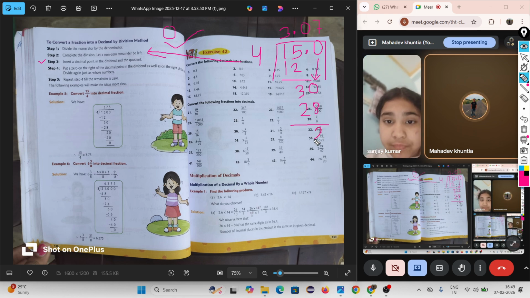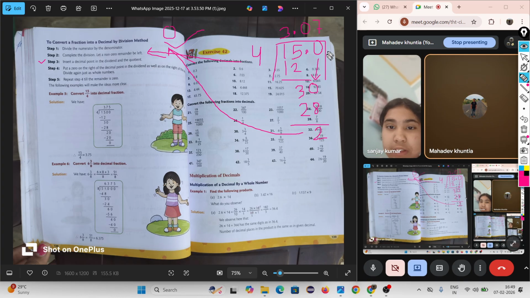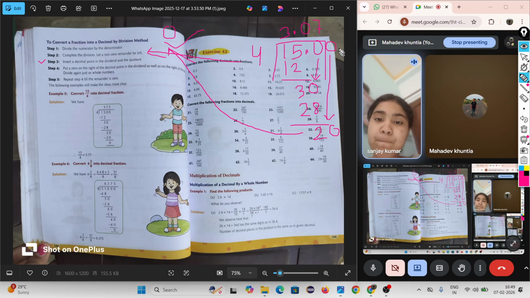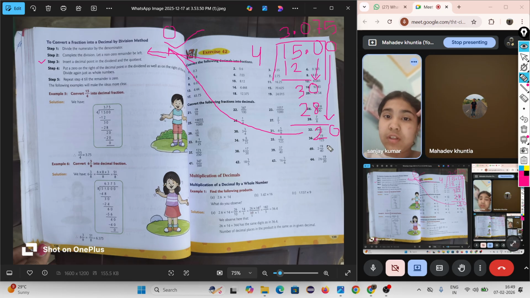Then you subtract, you get 2. But now also your remainder is not 0. Then again put 0 on the dividend. Then shift this 0. 20, and 5.